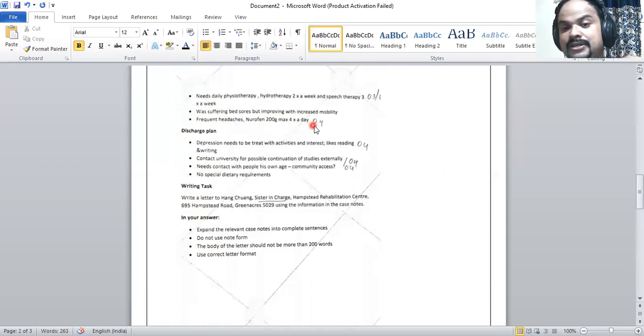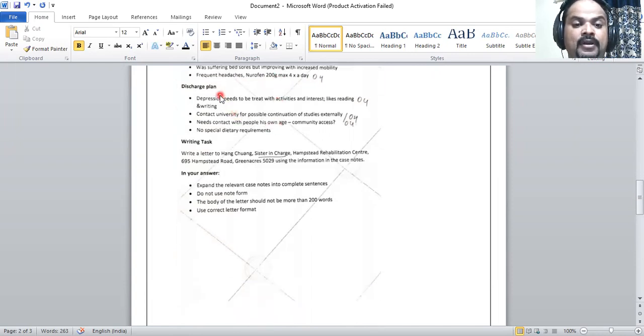This is a medication history, so I think we can include this, because he had frequent headaches. That is the thing that we usually give him whenever he has headaches: Nurofen 200 mg.